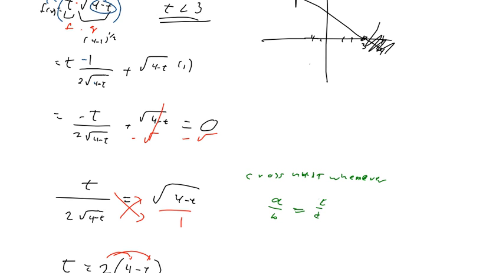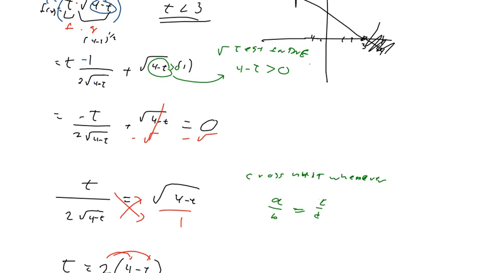So remember how we test for DNEs? We say, okay, for this value to exist, 4 minus t has to be greater than 0. Every square root has a little square root test for things that don't exist. The inside of the square root has to be greater than 0.